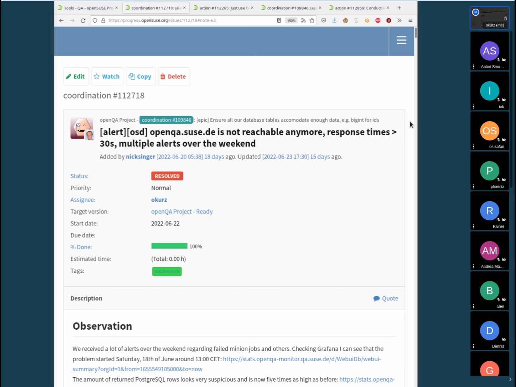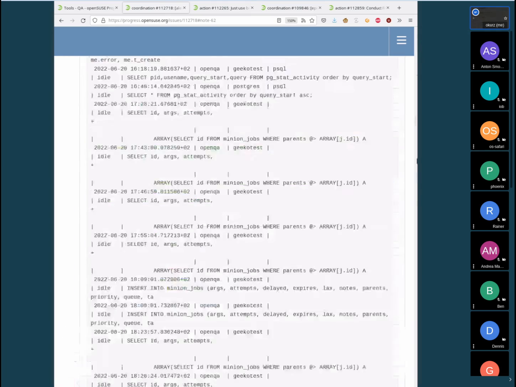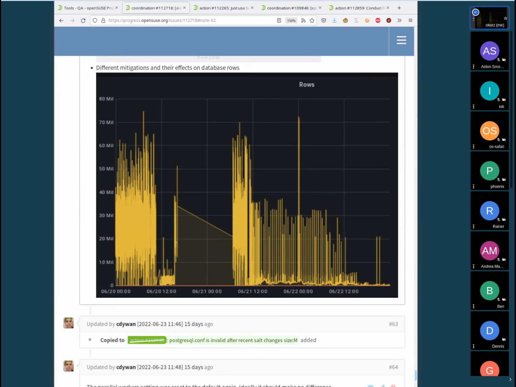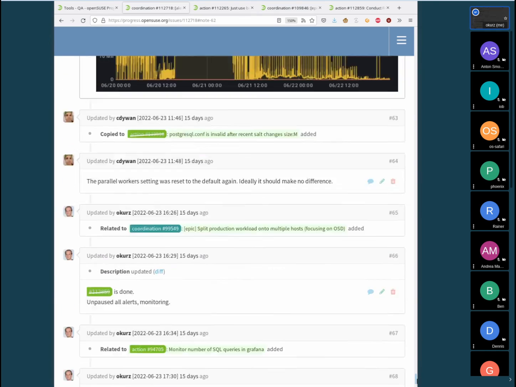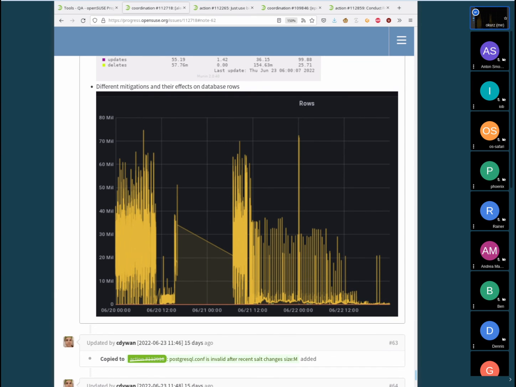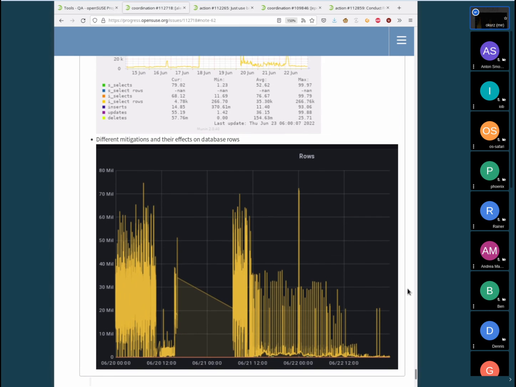Actually, on openqa.opensuse.org, I didn't trigger the deployment because that's also done automatically. We just merged the pull request and waited for an hour, and then it happened automatically. We do have monitoring which tells us about the problem, and now we have learned much more about the nitty-gritty details of database performance and the impact.